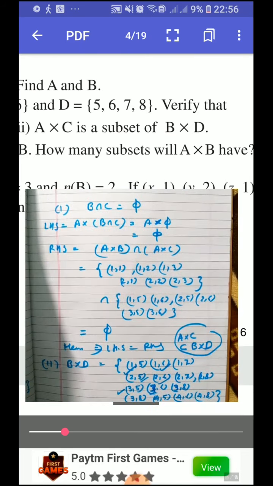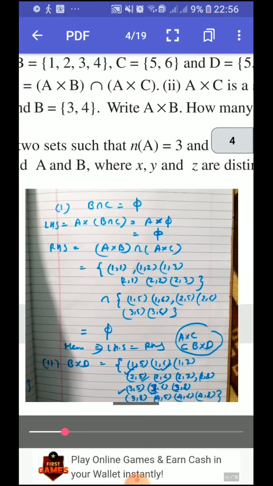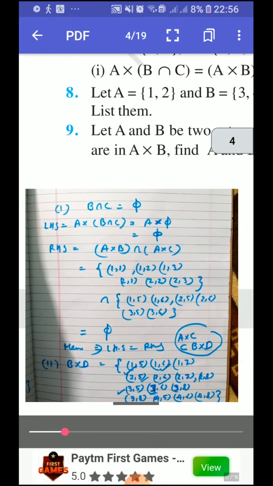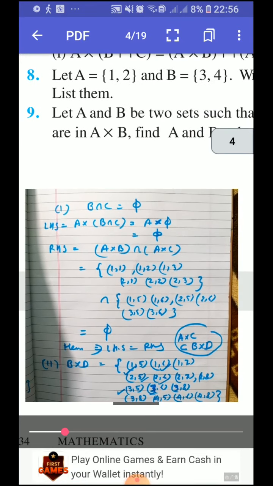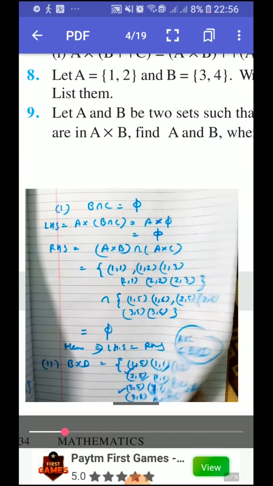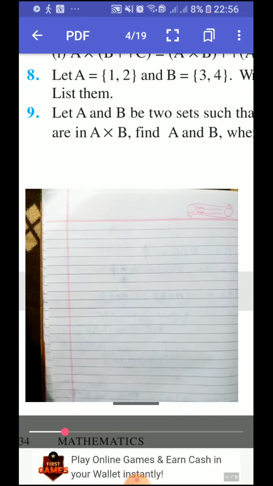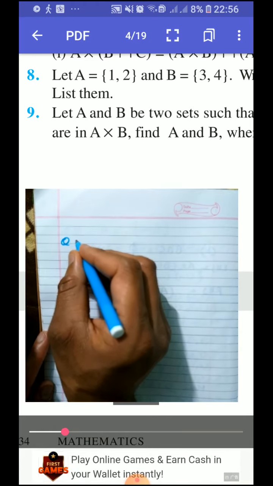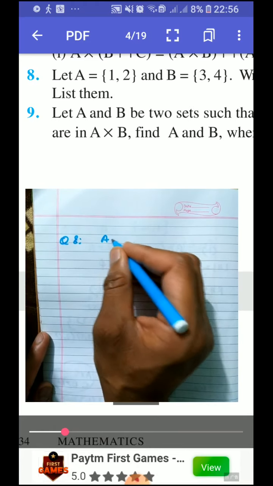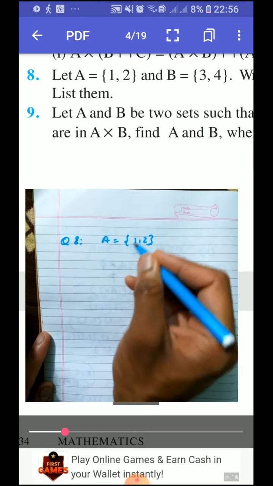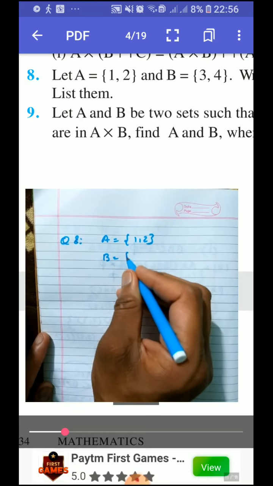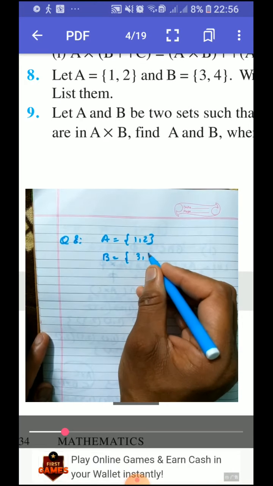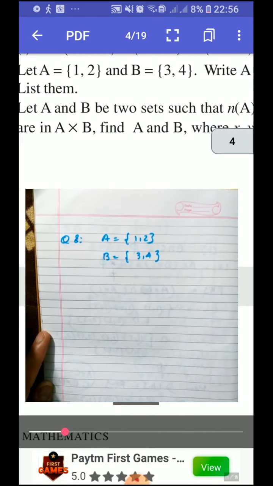Now come to question number 8. Set A has elements 1, 2, and set B has elements 3, 4.